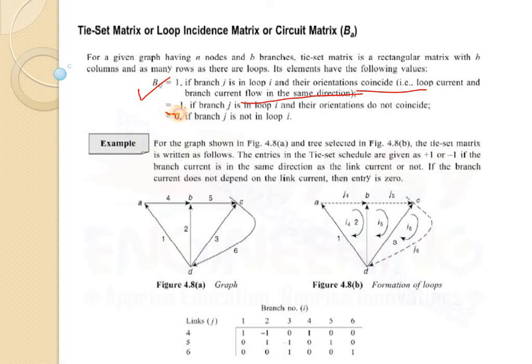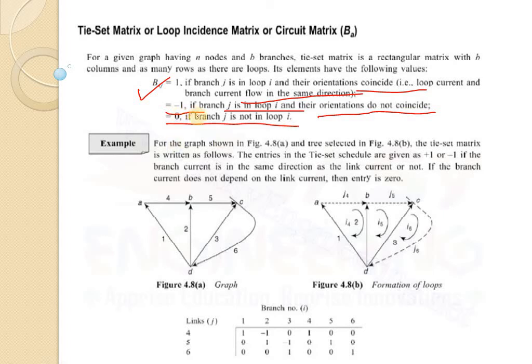Bij equals -1 if branch j is in loop i and their orientation does not coincide. Bij equals 0 if branch j is not in loop i.